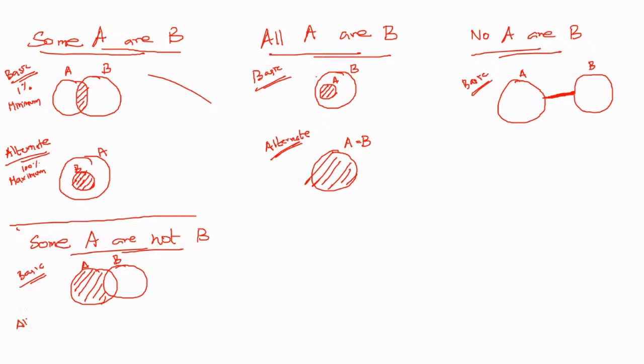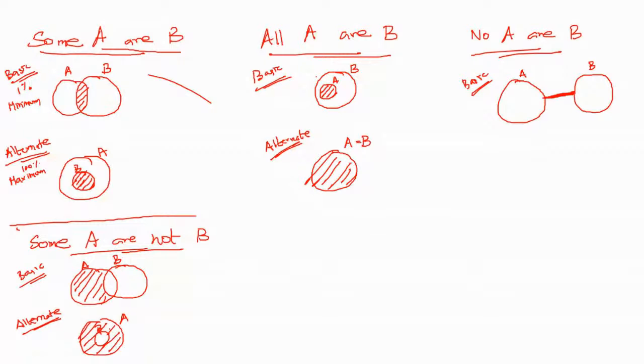And if we go for the alternate diagram, once again, the outer circle will be A and the inner circle will be B, and this is the area in which "some A are not B". So "some A are B" and "some A are not B" are straight opposites, but the basic diagram is going to be the same.